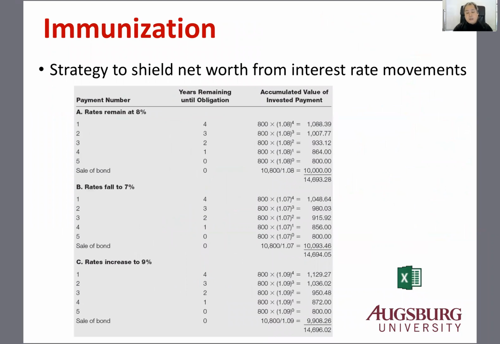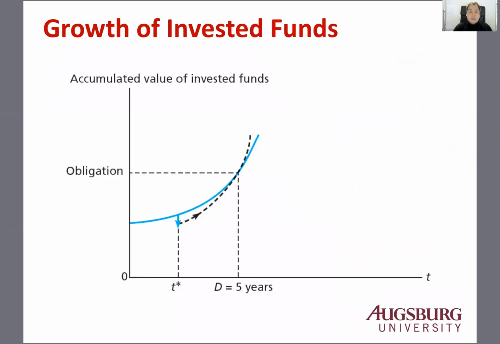So if you look at the next graph, then what you can see is, your obligation is in 5 years, right? So the value of accumulated investment funds is this dot. And this solid line, the blue line, is from the asset.